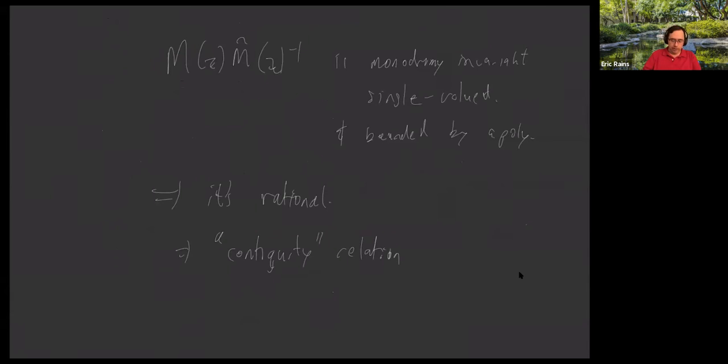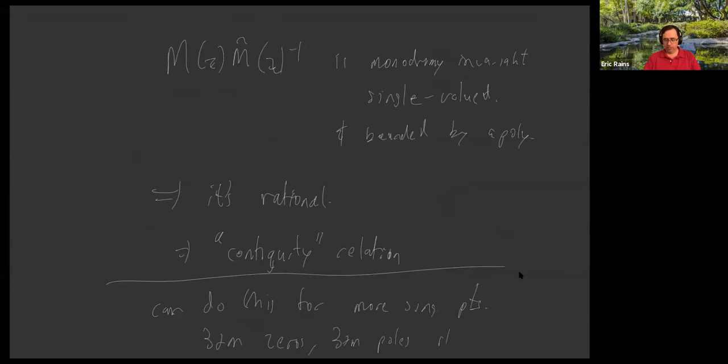All right, and you can do the same thing now for more singular points. So you have m zeros, or let's say 3 plus m zeros, 3 plus m poles, and it should be 2m dimensional if you do all the dimension counting.